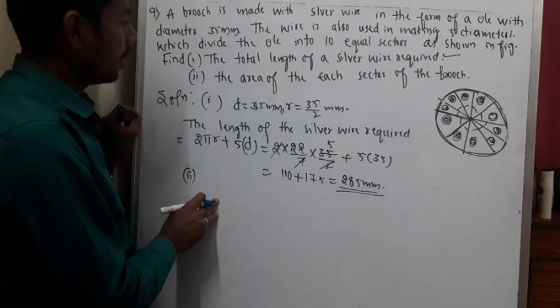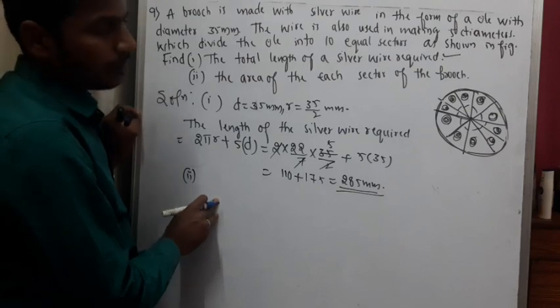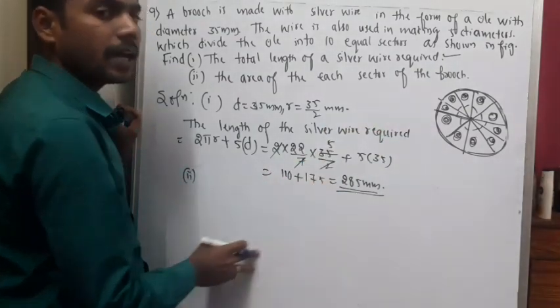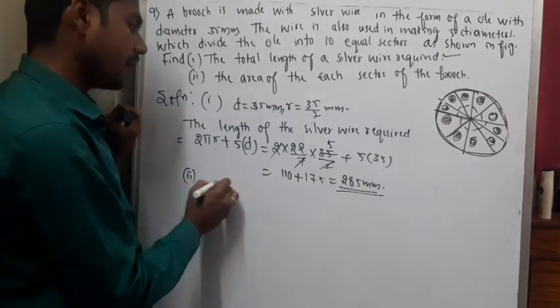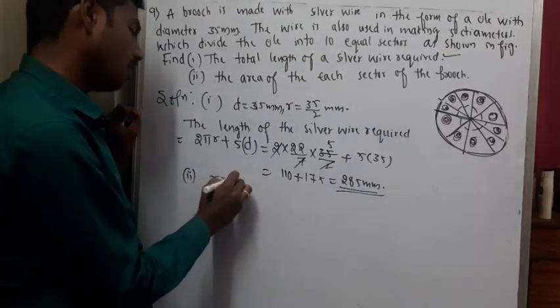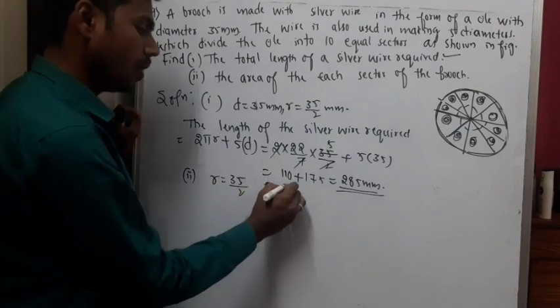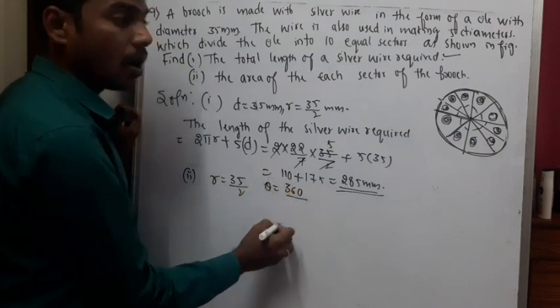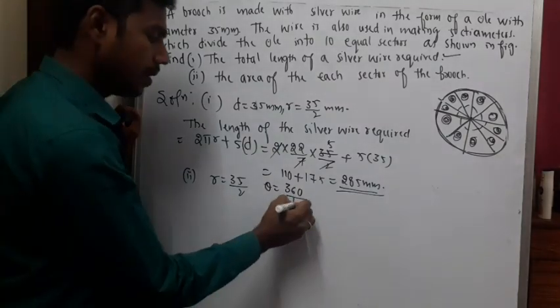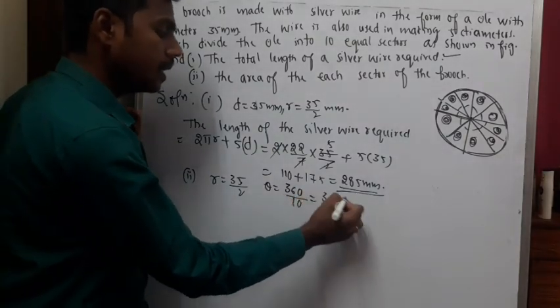Next, second question. The area of each sector of the brooch. So we need to find the area of each sector of the brooch. For that, r is equal to 35 divided by 2, and what is theta? Theta is equal to 360 divided by how many sectors are there? 10 sectors are there, which is equal to 36 degrees.